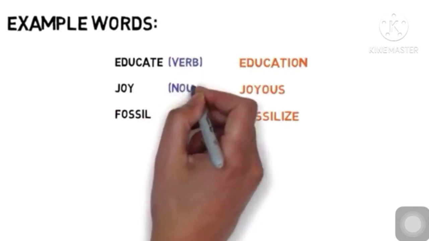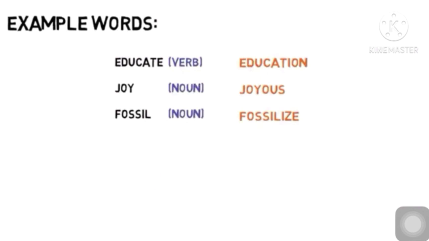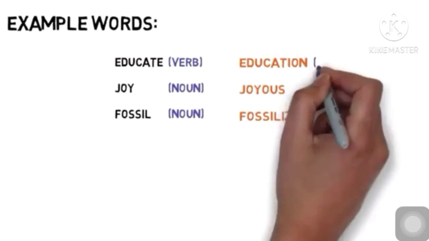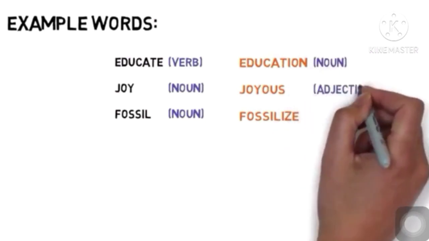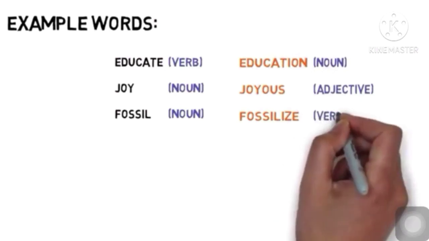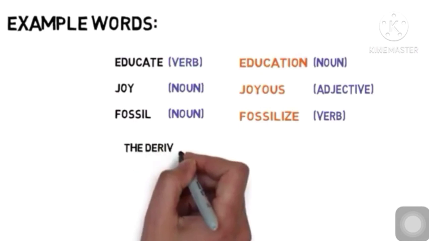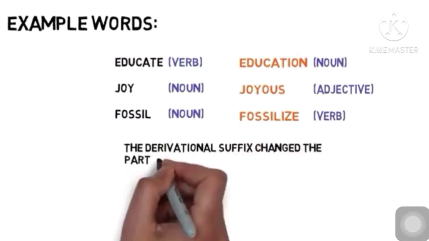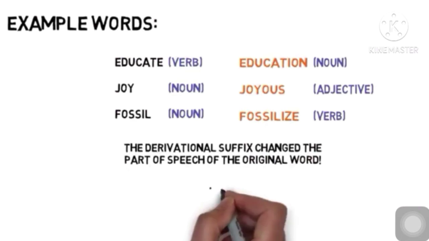Educate is a verb, joy is a noun, fossil is a noun, and education is a noun, joyous is an adjective, and fossilize is a verb. The derivational suffix changes the part of speech of the original word.